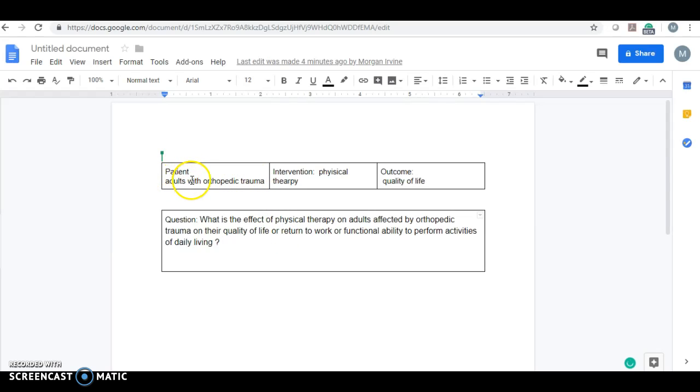The parts of the PICO format that are going to be used to help find the information are patient, adults with orthopedic trauma, the intervention of physical therapy, and the outcome, whether it has a positive or negative effect on the person's quality of life.